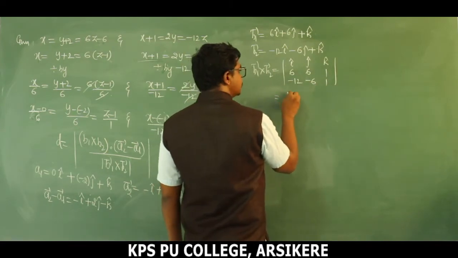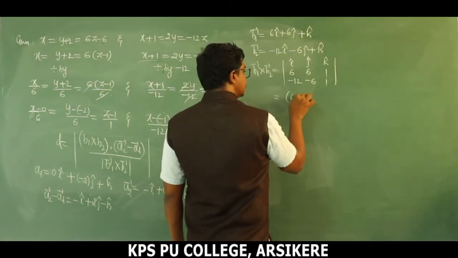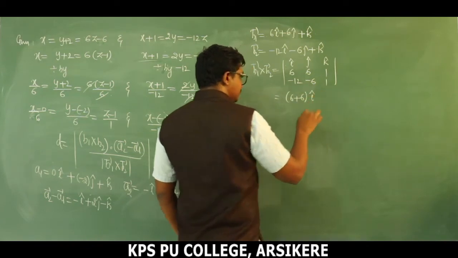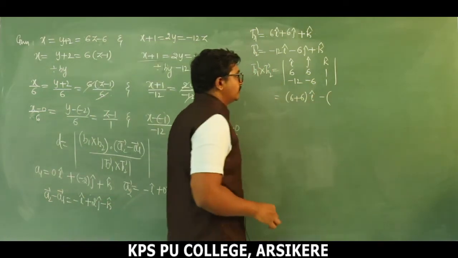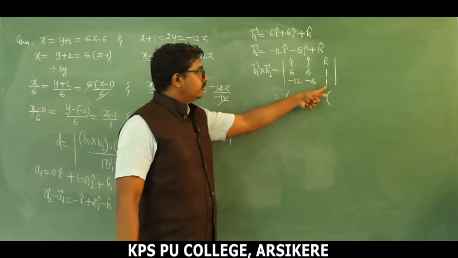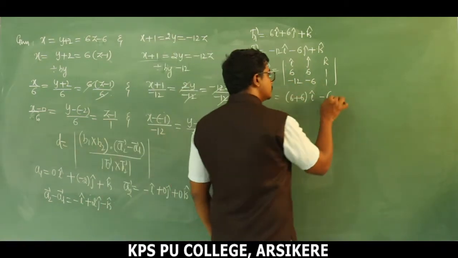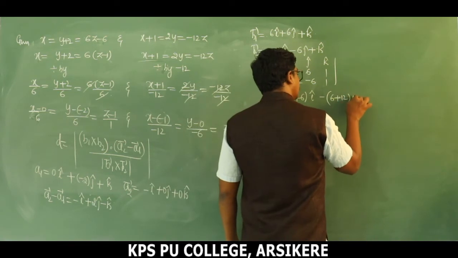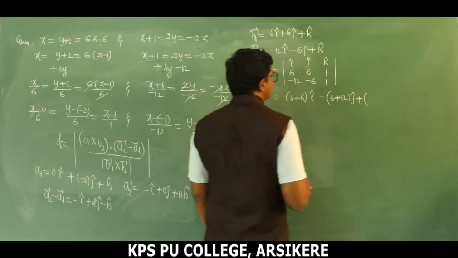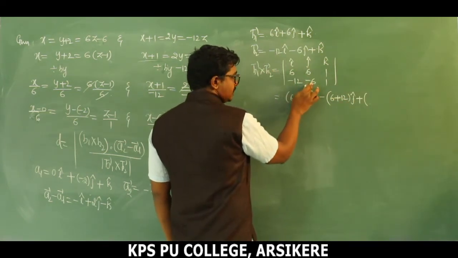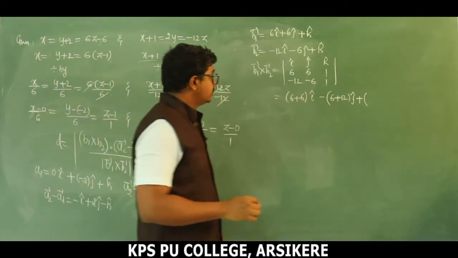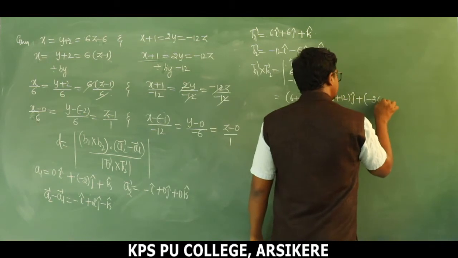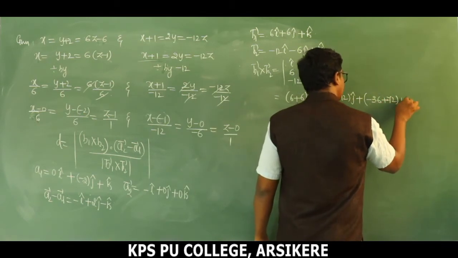This becomes first 6 minus of minus 6 becomes plus, 6 plus 6 into i cap, plus, sorry, second term is negative, right, minus 6 into 1 is 6, minus into minus becomes plus, so this is 6 plus 12 into j cap, plus last term k, 6 into minus 6 minus minus 12 into 6, that becomes minus 36 plus 72 into k cap.